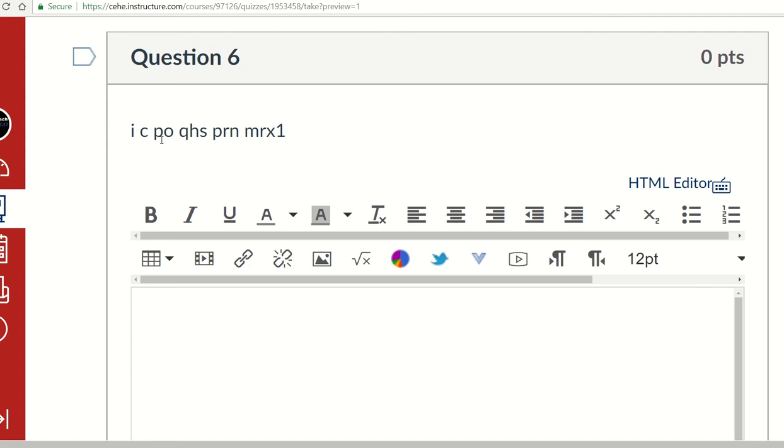Number 6, PO, for us that's always going to be take. C is a capsule. Sometimes they'll abbreviate CAP. So in this one, we'll take 1 capsule by mouth every night at bedtime as needed. MRX stands for may repeat, and then the number tells you how many doses.